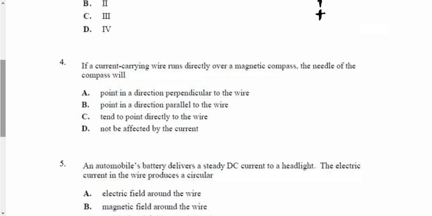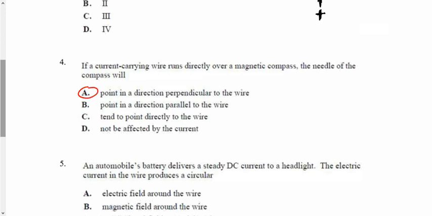So if the magnetic field is either counterclockwise or clockwise, the magnetic field at all points around this wire is perpendicular to that wire. So isn't that the way the compass should point? Perpendicular to that wire. So the answer for this one would be A, perpendicular to the wire.